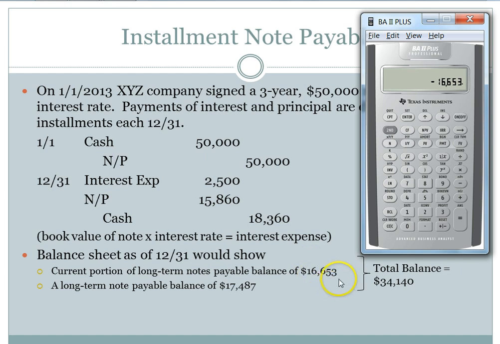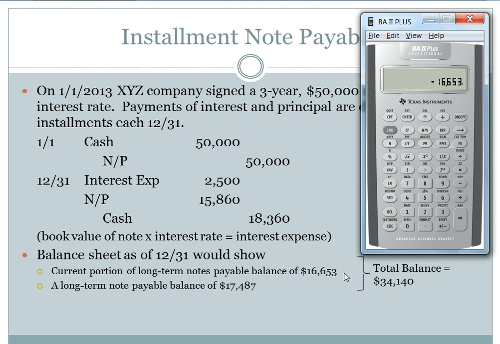We don't have to record the transaction because we're not at the end of 2014 yet, but our transaction in 2014 will include a debit to notes payable of $16,000 some odd dollars. It will include a debit to interest expense of that $1,707 and a credit to cash of $18,360. The credit to cash is consistent. That's the equal annual installment payment that is required to satisfy the note. What changes from 1 year to the next is how much of that cash flow goes to satisfy interest expense and how much of that goes to satisfy or reduce the liability.